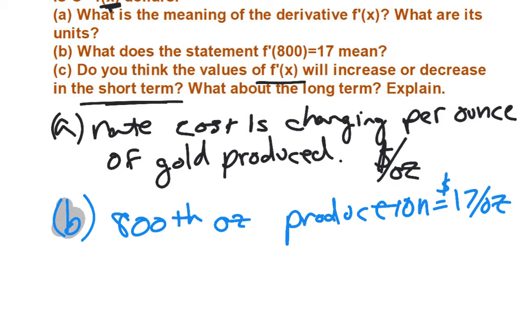Well, probably in the short term it's going to decrease, because as you go in and mine more, then you're going to get more gold, and then your production costs go down. So it's probably going to decrease to start with. But in the long term, as you're getting less and less gold out of it, then it's probably going to increase in the long term.